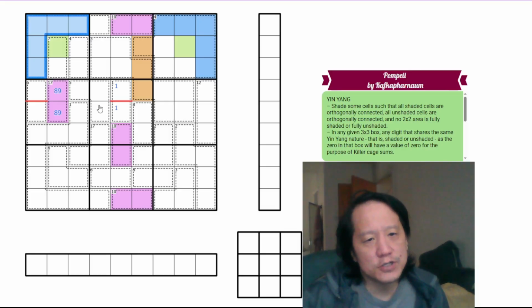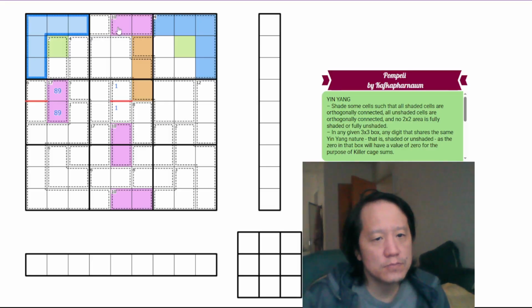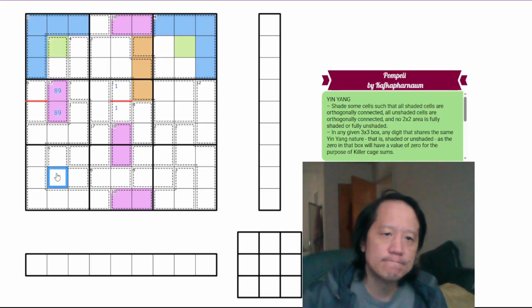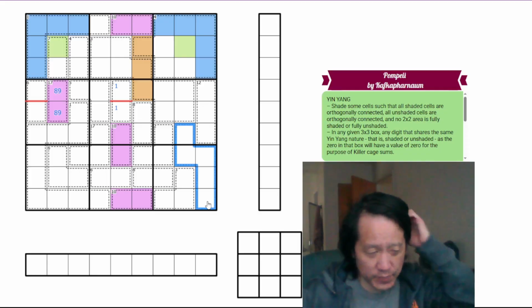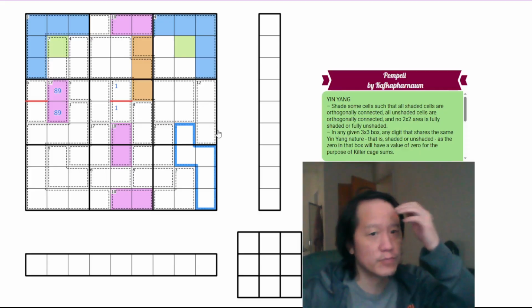What was the logic here? I'm trying to remember what the logic was here. This has to have at least four out of the 5 do not have a value.